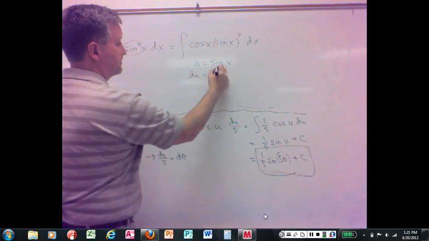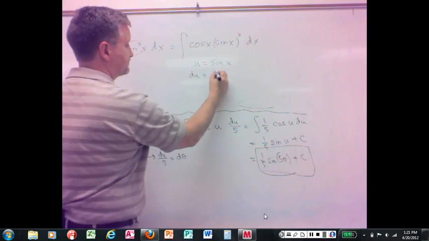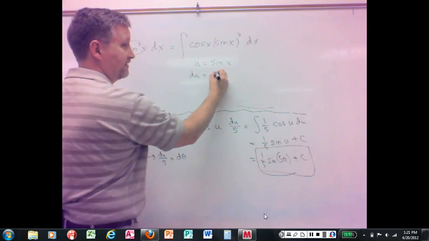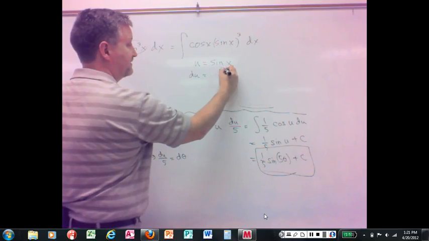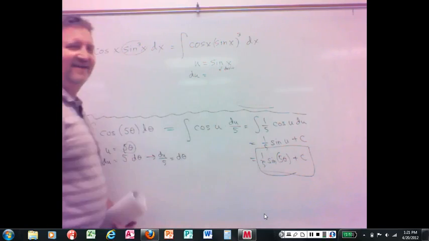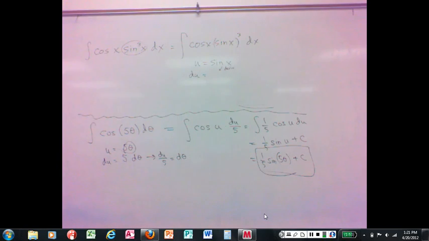Du then, well, du is the derivative of that, which is what's the derivative of sine? It's a negative cosine. Now I'm talking derivative. We're doing both derivatives and antiderivatives in the same problem here, so be careful.